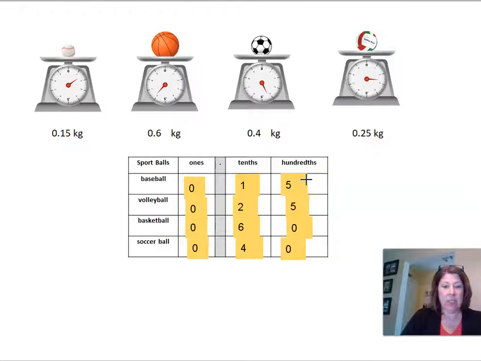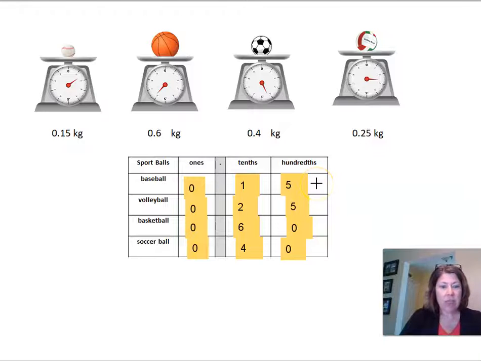I still have my 15 hundredths. I rewrote the 6 tenths for the basketball as 60 hundredths so I can compare better. I have 25 hundredths for my volleyball, and then for my soccer ball, I rewrote the 4 tenths as 40 hundredths. So now let's look at this.